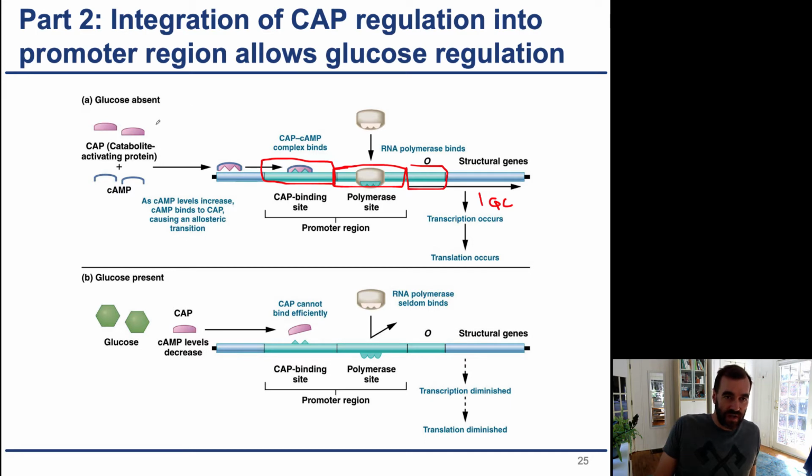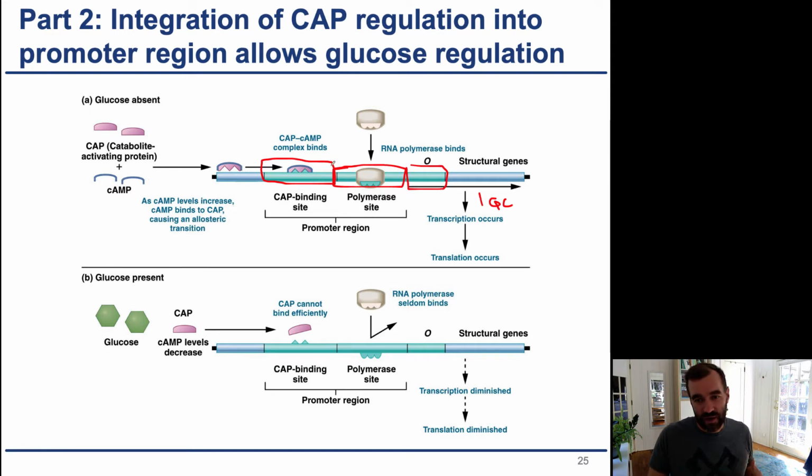In the same way that the LAC repressor was an allosteric regulator, where its ability to bind DNA was dependent upon binding of a second molecule, CAP, the protein, is also an allosteric regulator. This regulation is opposite in the sense that it must be bound to its regulator in order to bind to the DNA.